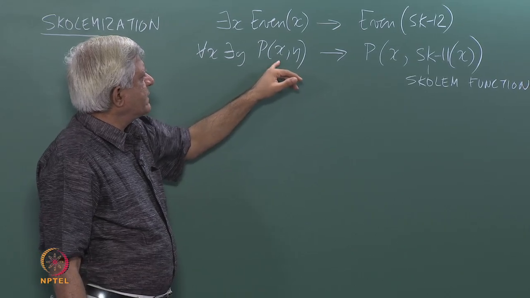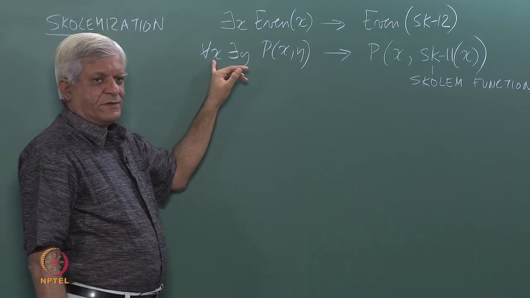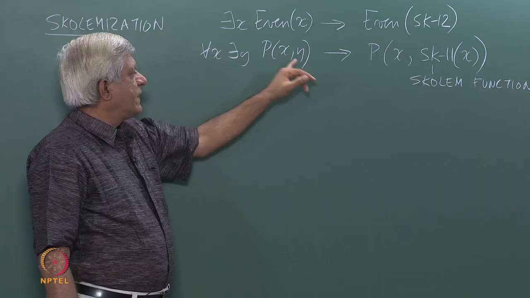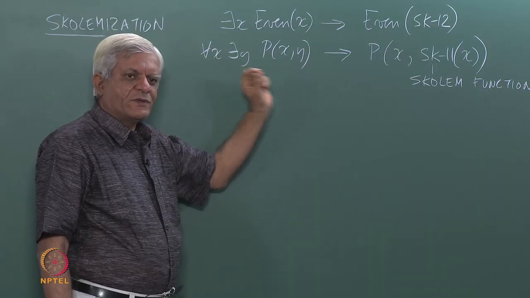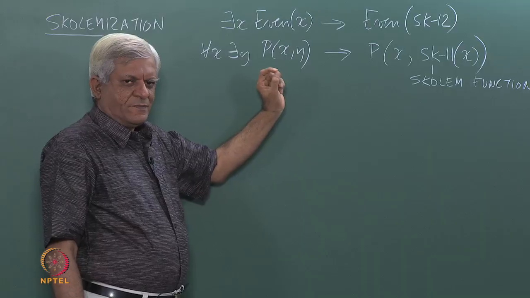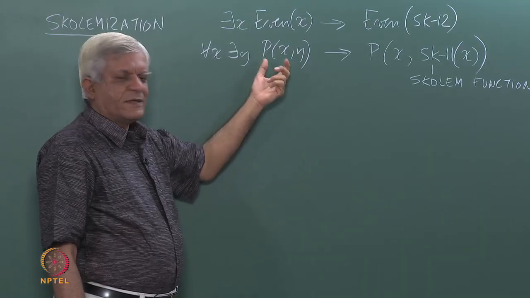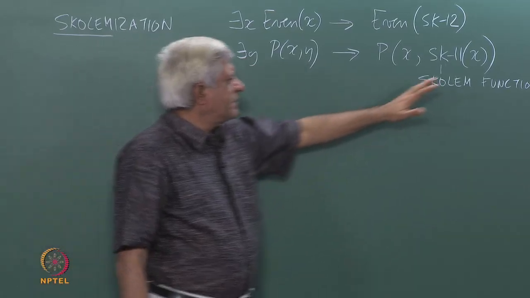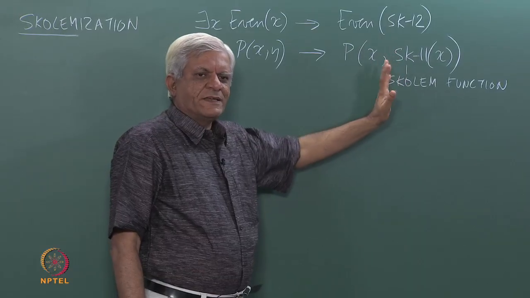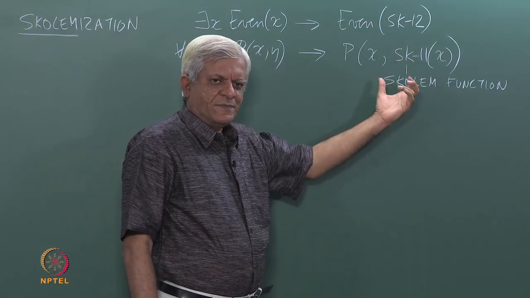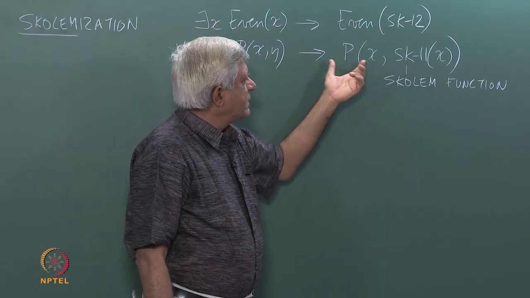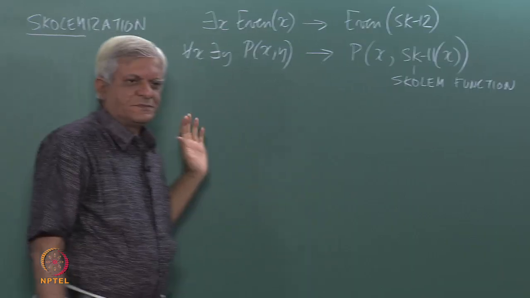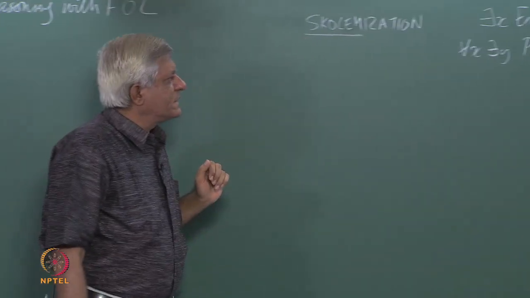Then what we are saying is that for every x you can choose a y such that y is greater than x. So, that y that you choose depends upon x, and therefore, we can think of it as a function of x. We do not know what that function is, but it is some function. As far as reasoning is concerned, we will treat it as a function and translate this into this statement.